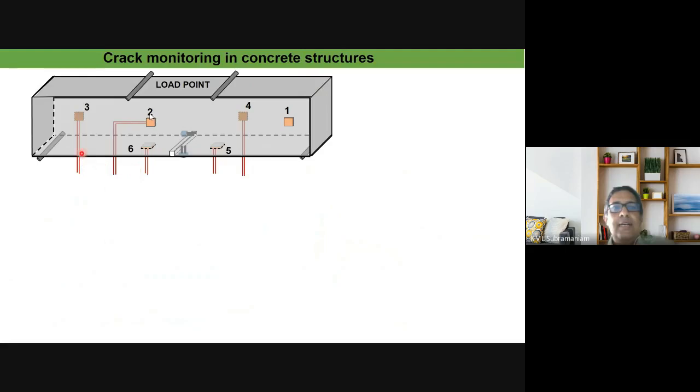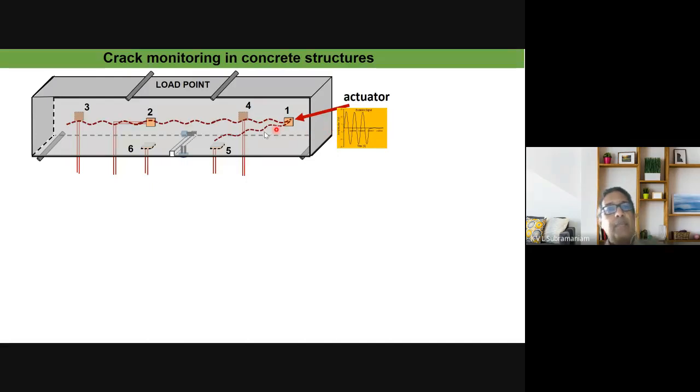And this is the arrangement of PZTs that we had. So we had PZTs placed in the concrete, and the idea was to use them as actuator-receiver pairs, where one would be the actuator, and we had multiple receivers, so we could see what was the change produced by the stress wave emitted by one, when it would be received by the other.